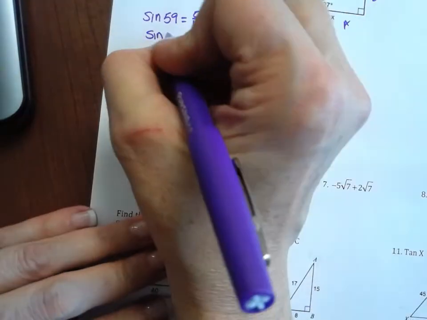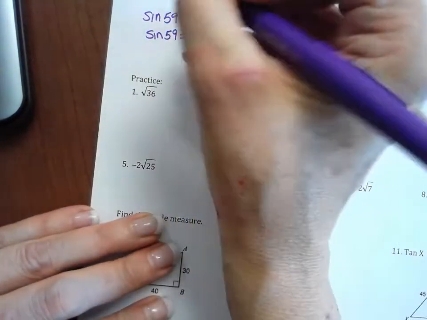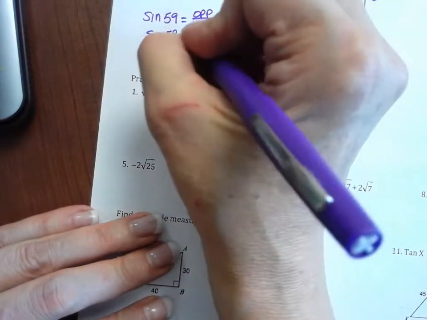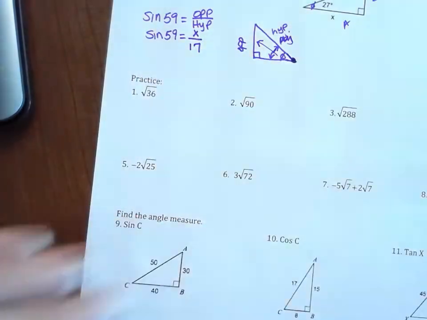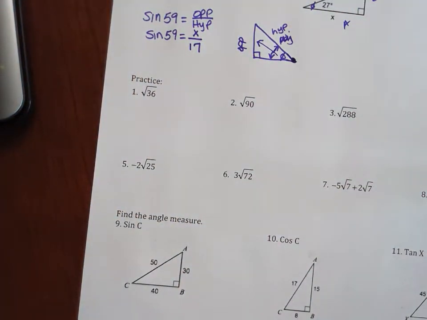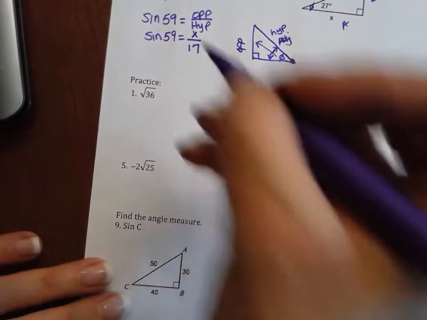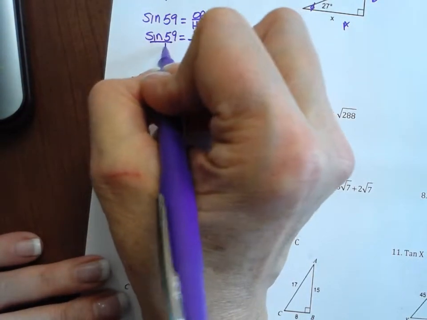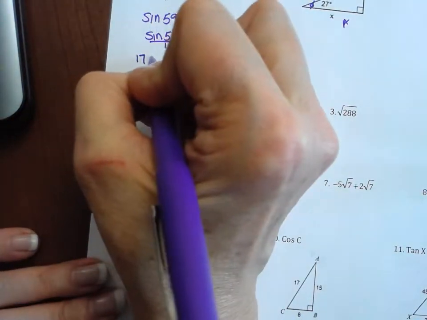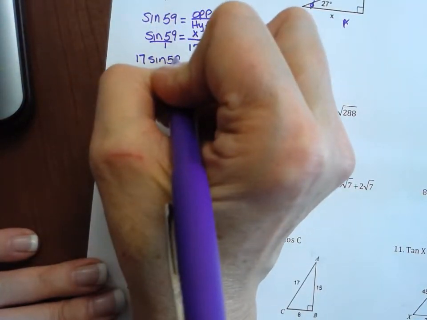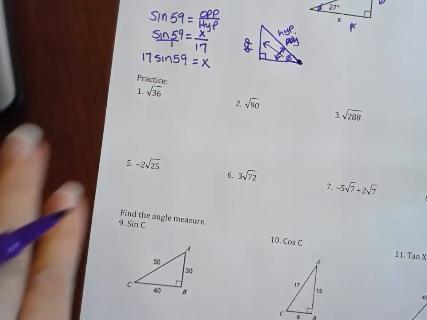Okay, so I have the sine of 59 because I know that x is my opposite side and 17 is my hypotenuse. Now think of this as a proportion, and all you've got to do is cross multiply. So 17 sine of 59 is equal to x.